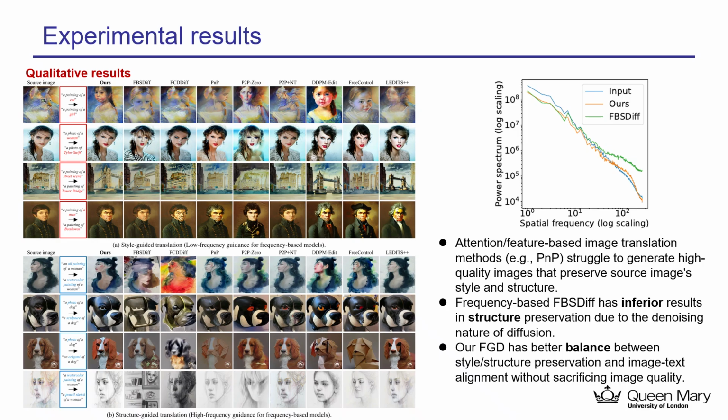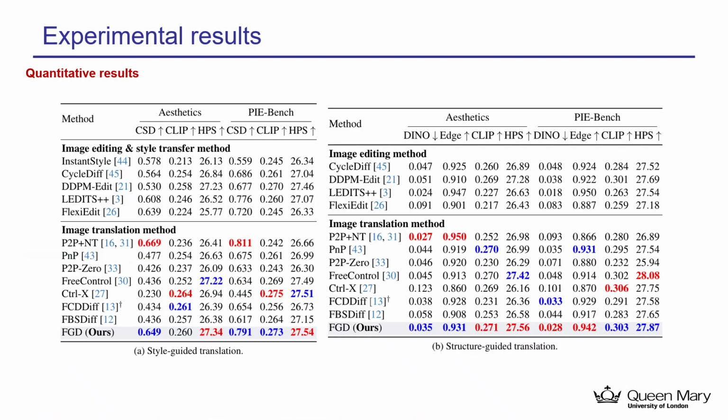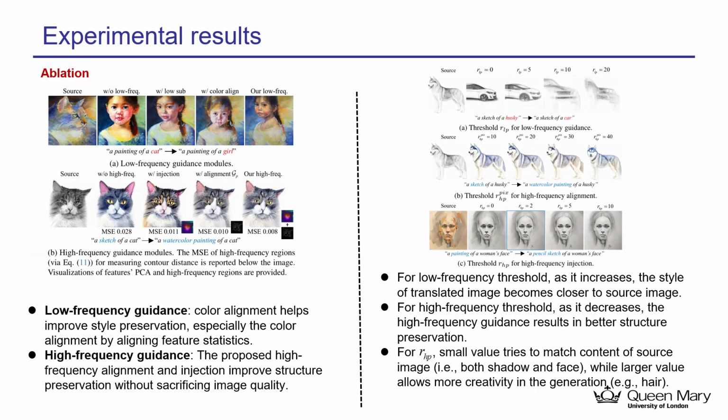For the figure on the top right, we show that, as discussed earlier, for high frequency guidance, the straightforward blending scheme from prior works is suboptimal because it has noisy output in the power spectrum. This is the result from the metrics. And this is the application.